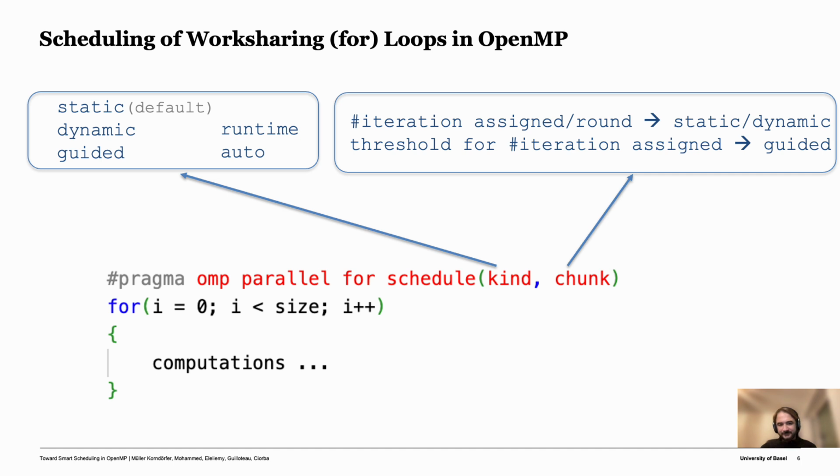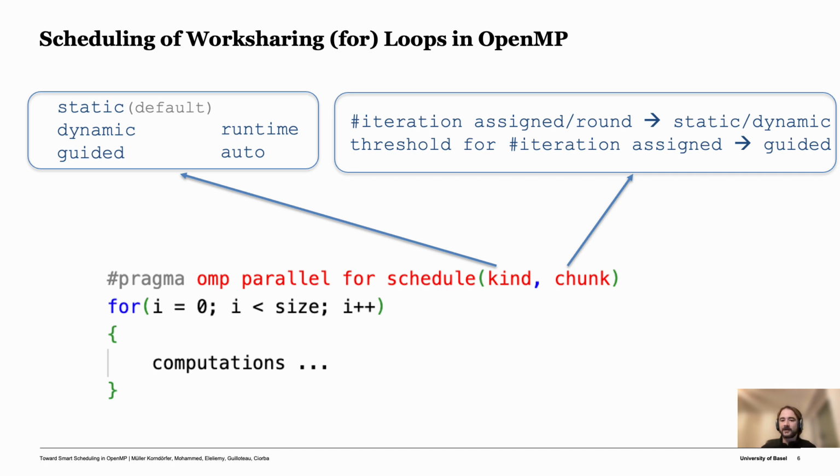Okay, now just for clarification, when you have a parallel for, here it could be an example in Fortran, in this case it's just C, we can always add the schedule clause. And the schedule clause receives two parameters. The first one is the kind, where we have a few options defined by the OpenMP standard: static, dynamic, guided, runtime, and auto.